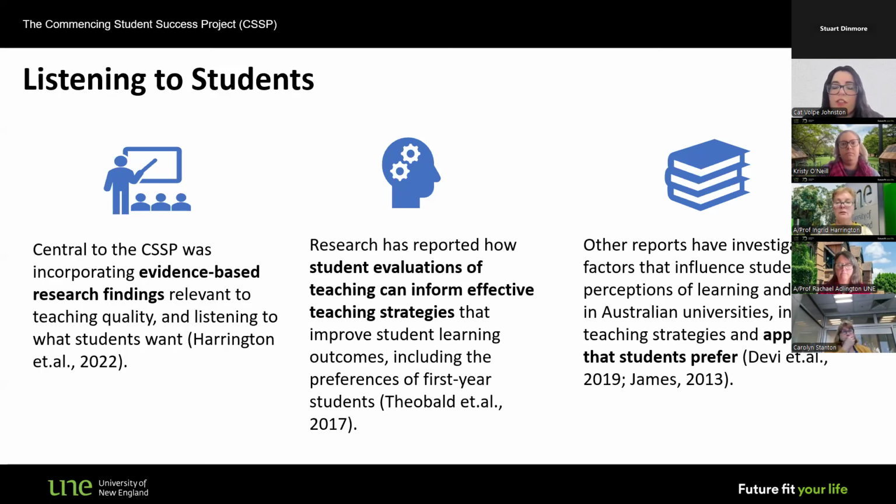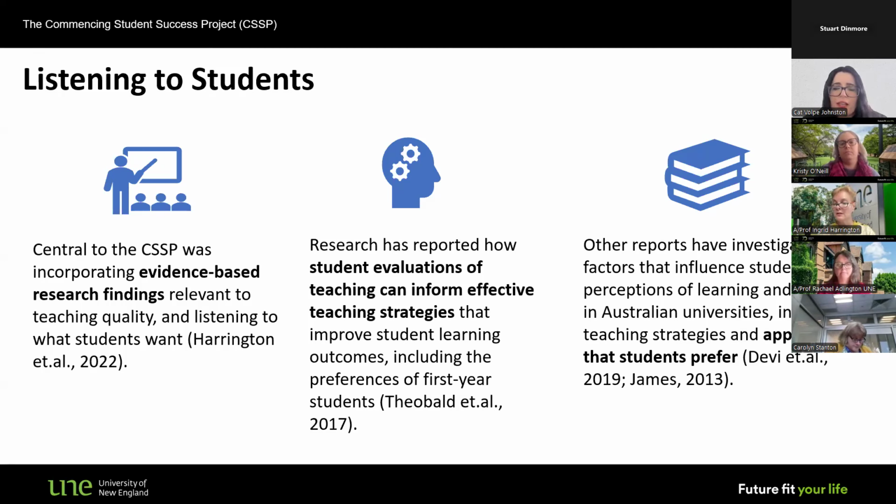This is important, especially for first-year students whose preferences and needs often differ from those in later stages of study. Other Australian studies have explored the factors that shape student perceptions of learning and teaching. Their findings reinforce that students value approaches that are interactive, clear, and have a sense of connection, and that these preferences strongly influence their engagement and satisfaction.